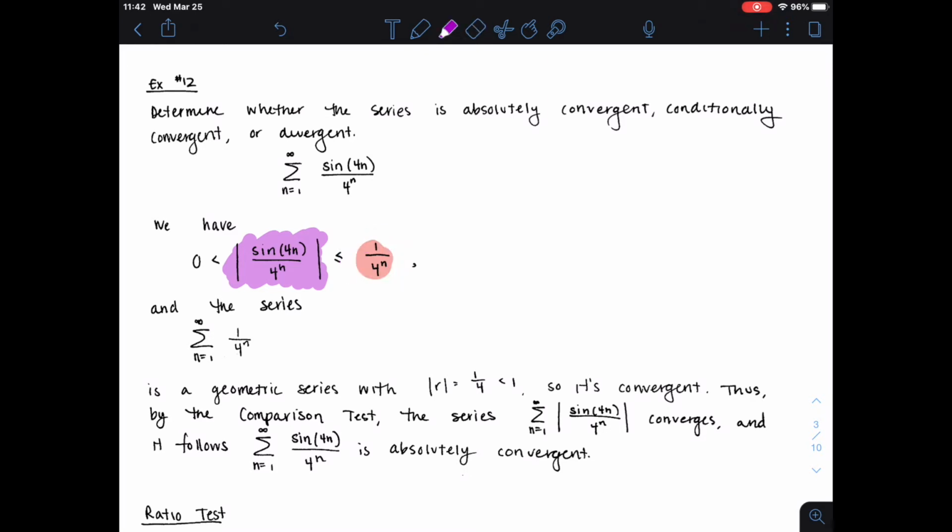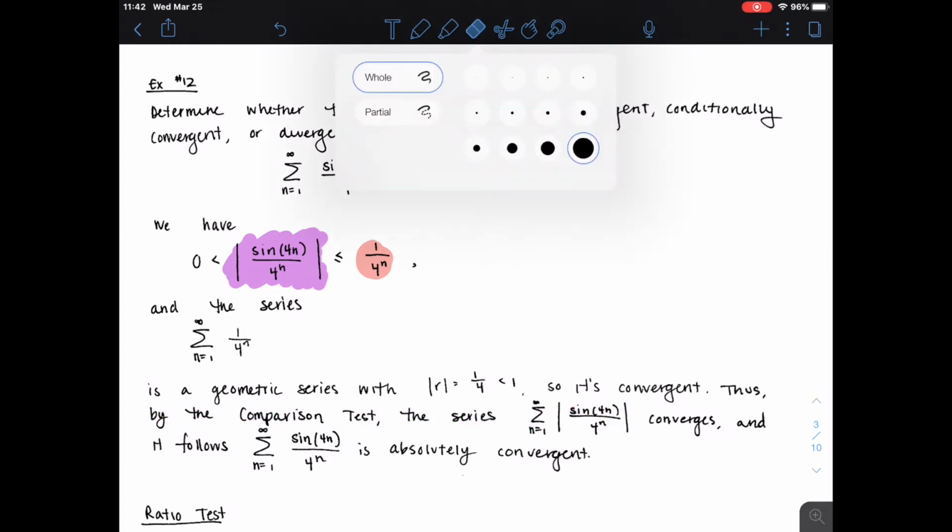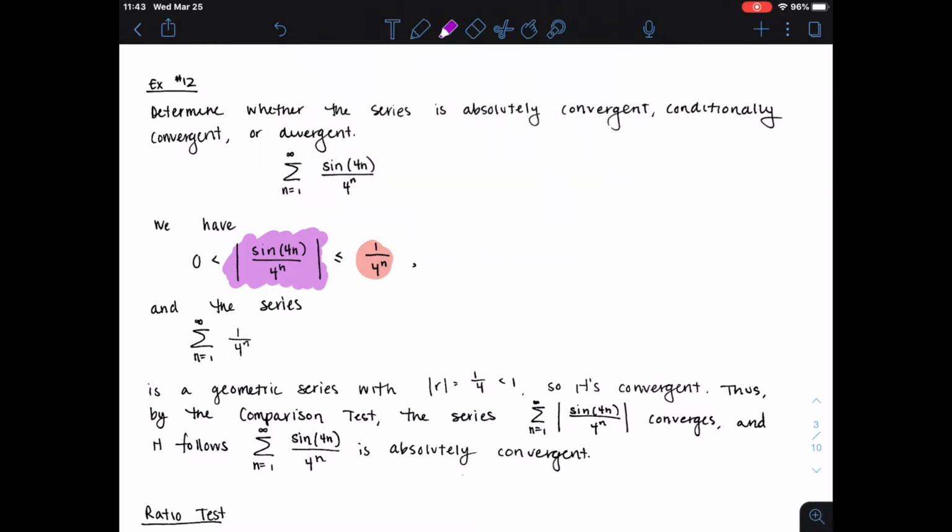So we get, by the comparison test, the series with the absolute value of sine of 4n over 4 to the n converges. So in absolute value, it converges. So you can say the series is absolutely convergent. So yes, this series is absolutely convergent.